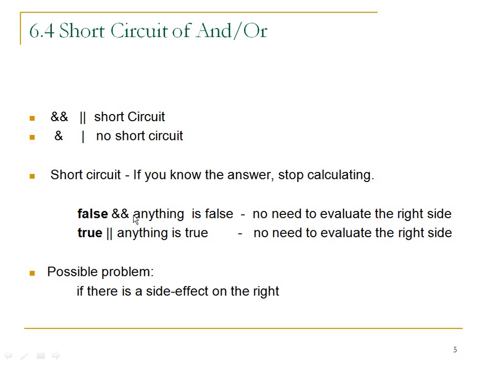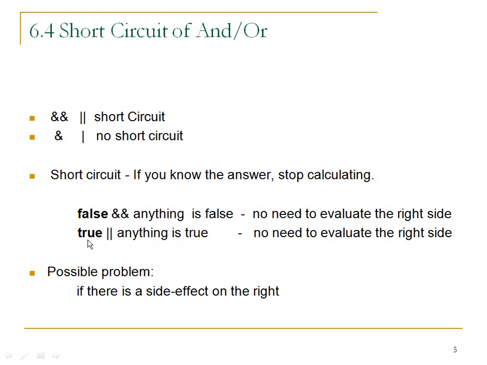So for efficiency, you don't need to evaluate whatever's over here if you have false on the left. The same thing happens for OR. If you have true on the left, then you don't need to evaluate what's on the right, because true or anything, it doesn't matter what comes over here. If you have true on the left, you know the answer.